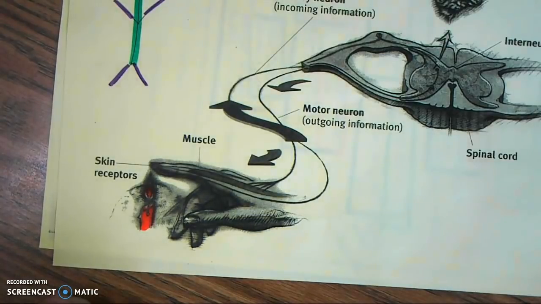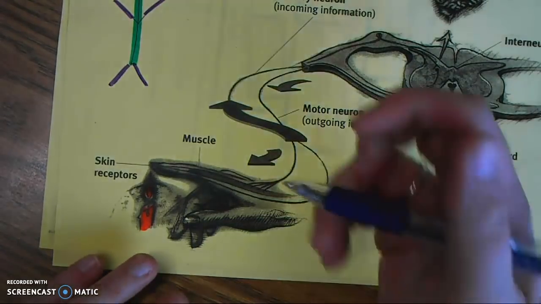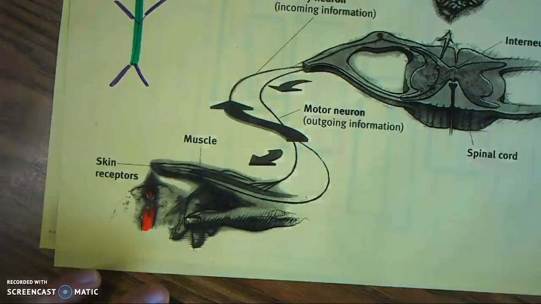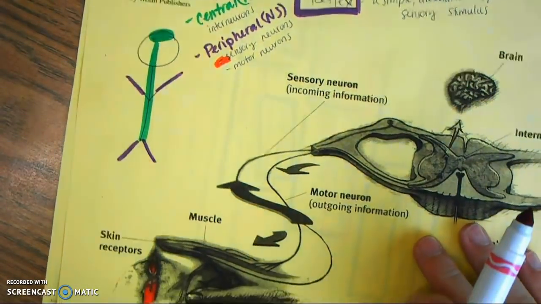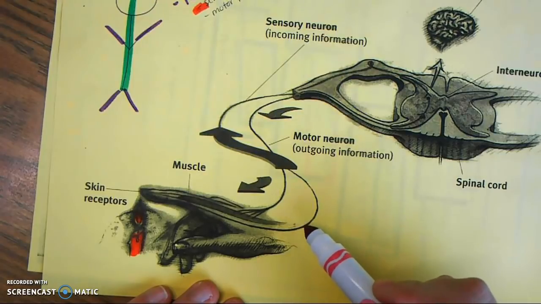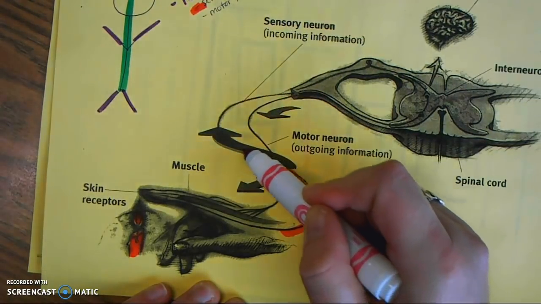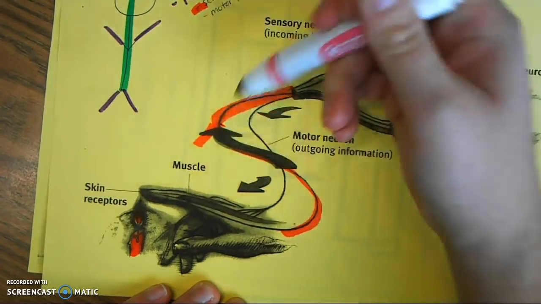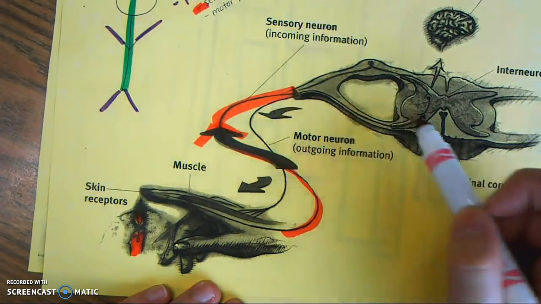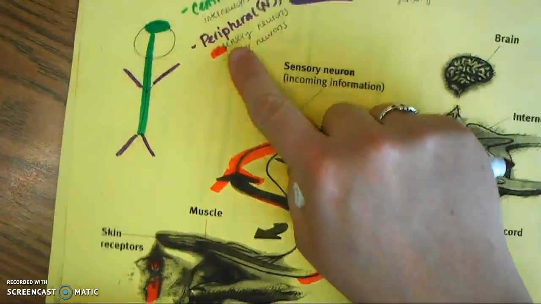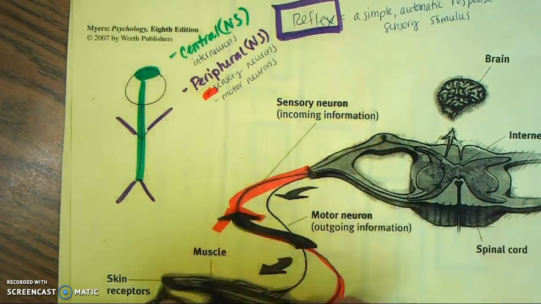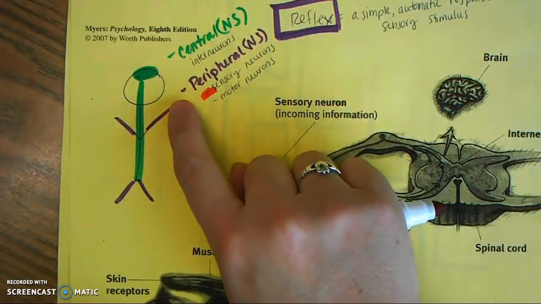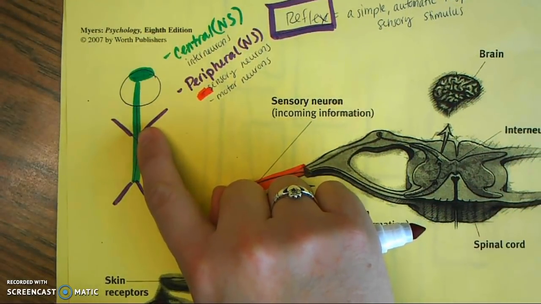And so the idea is your sensory neurons, and we'll do them in pink. So I'll go back up and label. Sensory neurons, in pink. Your sensory neurons pick up that sensory information and carry it towards the spinal cord. Remember, the peripheral nervous system is picking up information from the periphery of your body, in this case your finger, and conducts that information towards the spinal cord to get up to the brain.